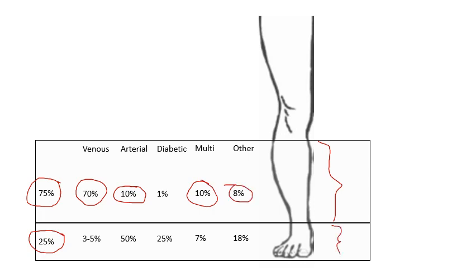Whereas wounds that develop down here on the foot are 50% of cases arterial and 25% diabetic, and only about a few percent are venous, and they are usually located high up on the foot right here. And we'll get into the others that could be possible causes.